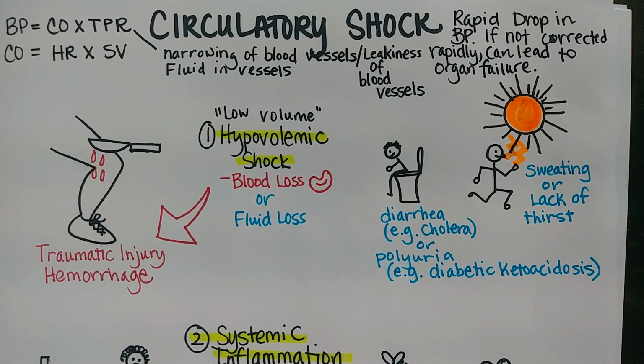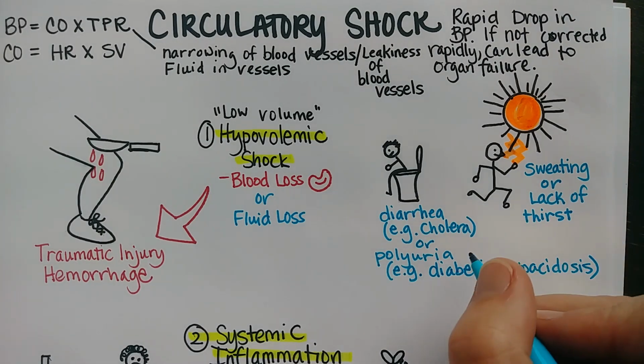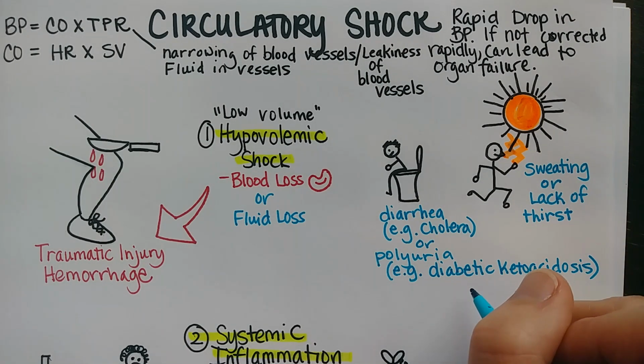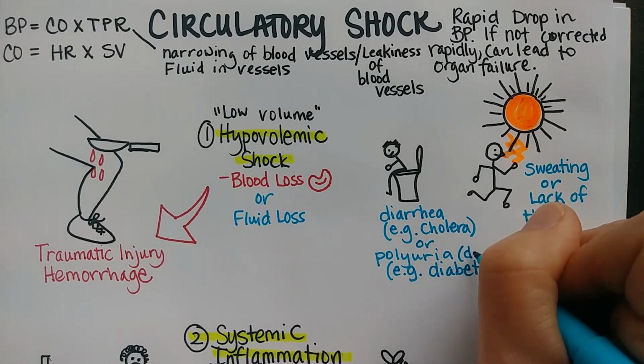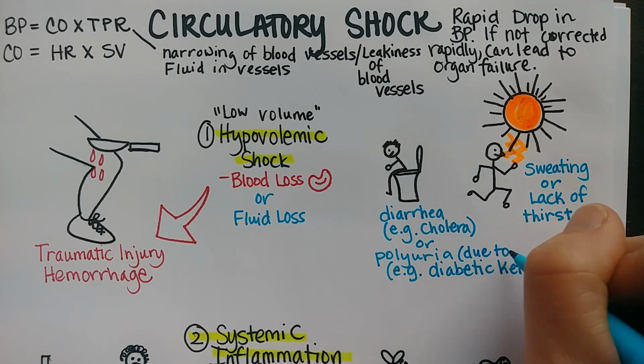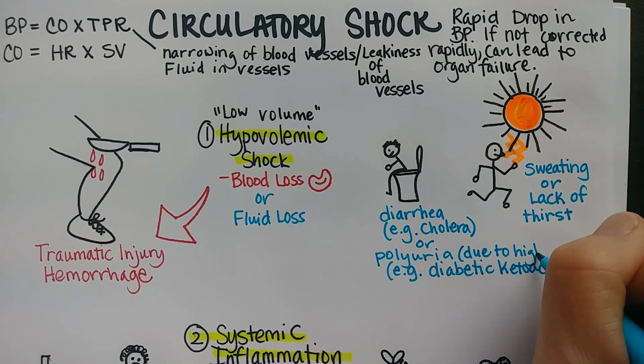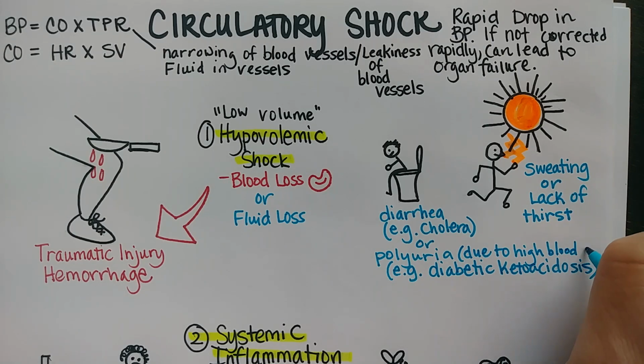It's less common with type 2 diabetics. But type 2 diabetics can still get to a place where their blood glucose has been so high for so long that they have urinated out so much that they get very dehydrated. So this could be due to high blood glucose.